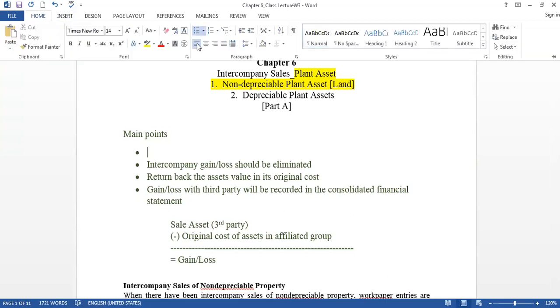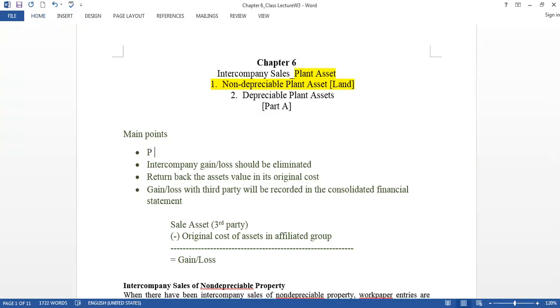So you have to remember that parent P company sells, for example, land. Okay, land is the non-depreciable asset. So the parent company sells a plant asset to S company.